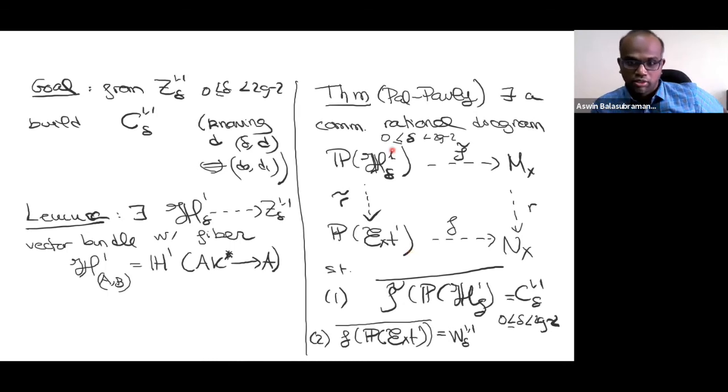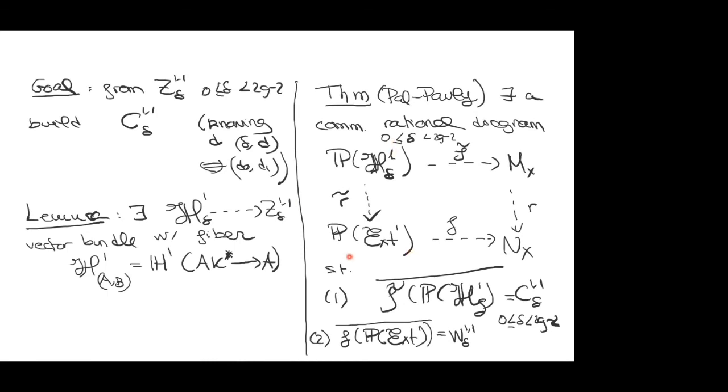That's correct. That's the point. Exactly. So for delta at most g, this is generically a line bundle, and therefore the same happens here because it's going to be injective generically. But for delta greater than g, there will be too many Higgs bundles. Yeah, this is what's happening.